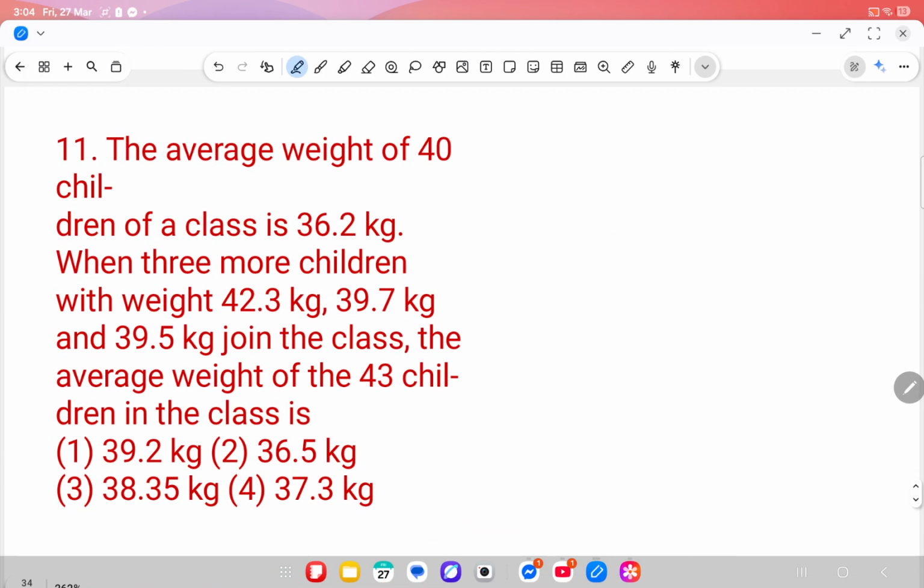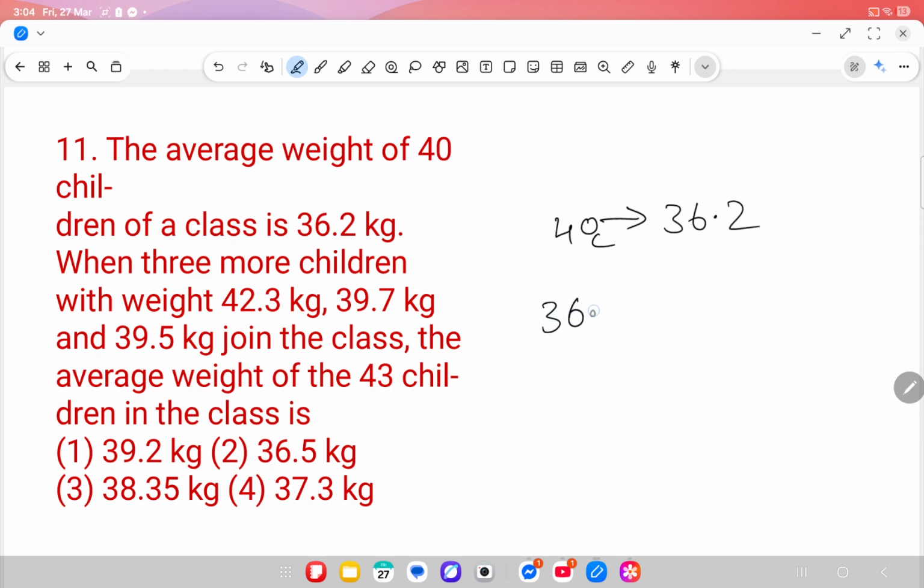Then the average weight of 40 children of a class is 36.2. 40 children's average is 36.2. Then when 3 more children with the weight of 42.3, 39.7, 39.5 kgs join the class, the average weight of the 43 children in the class is, simple thing as before.